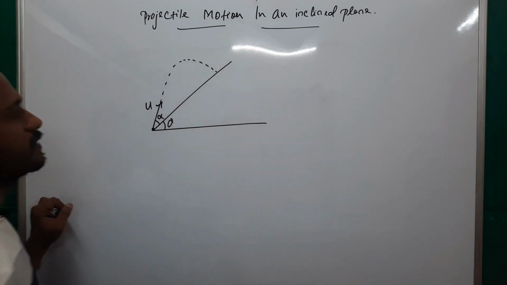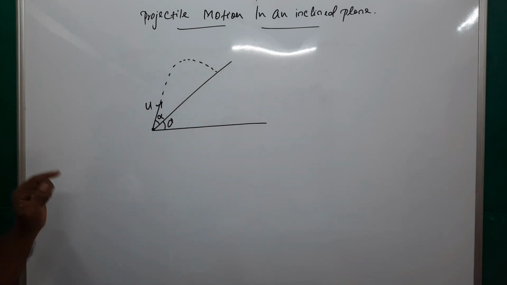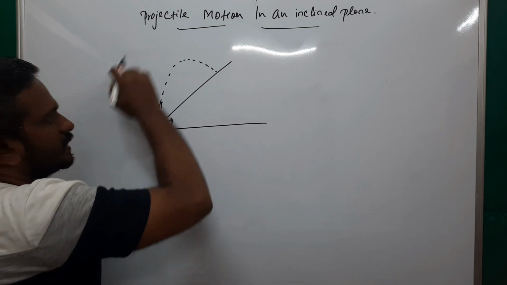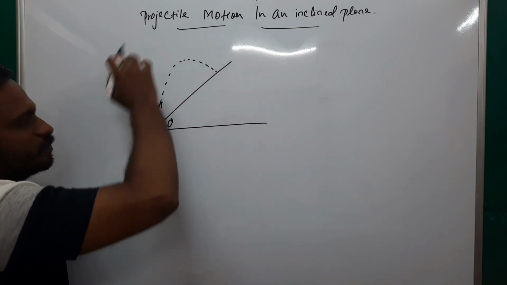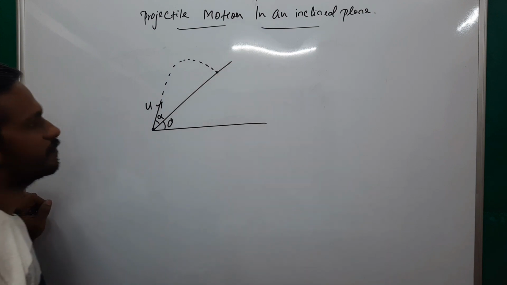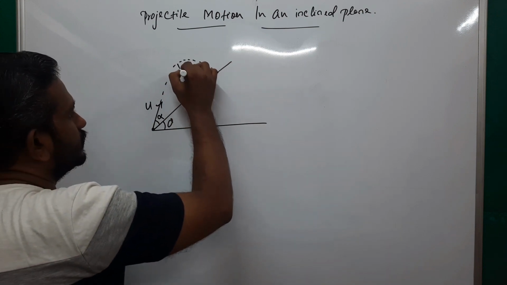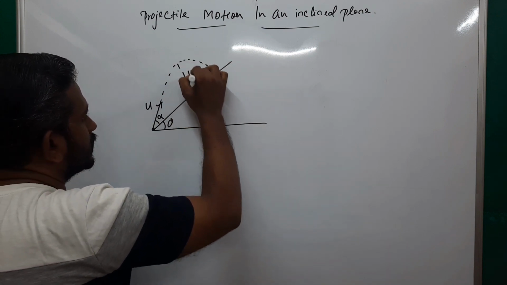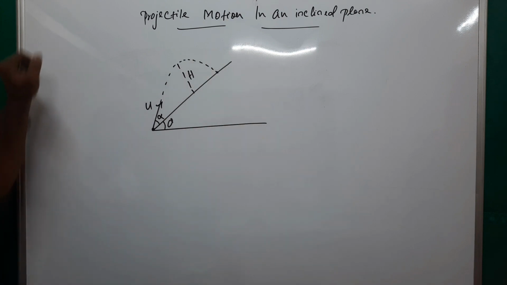It makes a trajectory, the path of the projectile is like this, and finally it reaches the point here. This is the maximum height attained by the projectile.